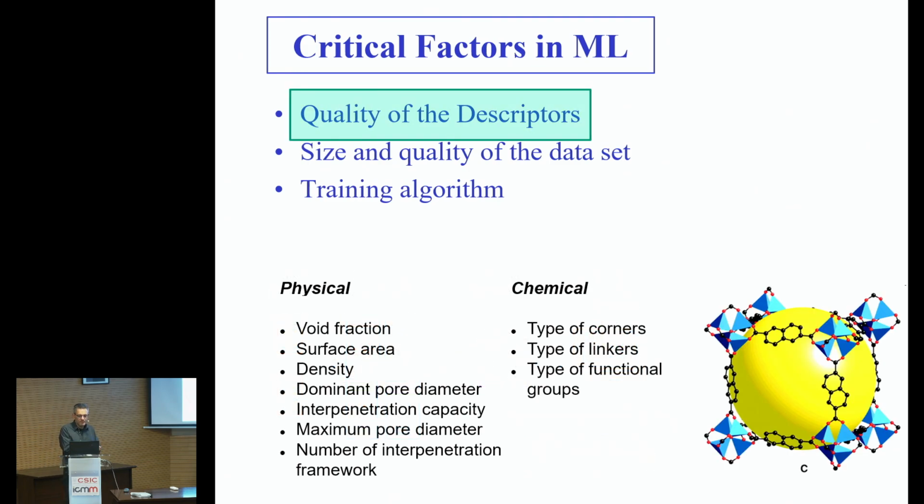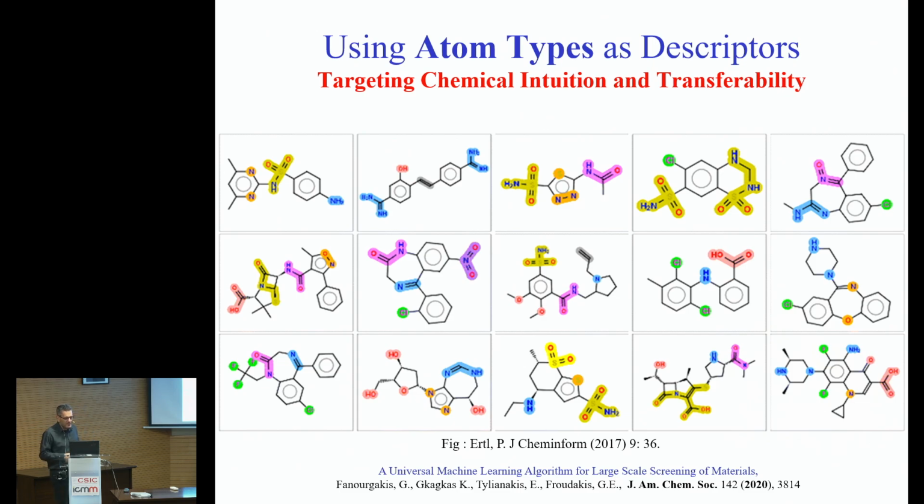So, talking about the quality of the descriptors, in the literature they mostly use physical and chemical descriptors. This means the metal corners, the organic linkers, but also the void fraction, the density, etc. We wanted to have descriptors that can be transferred to different kinds of materials, that are in a way universal.